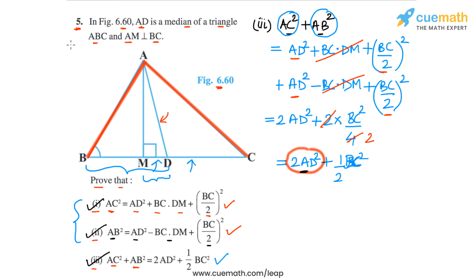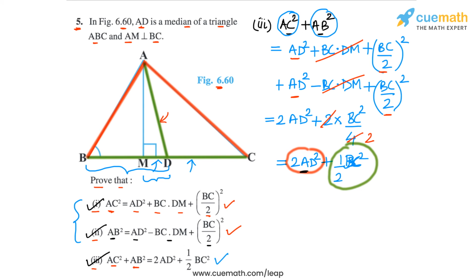AD is the median, so you are getting twice the square of the median drawn through the common vertex A, plus half of BC square. So you're getting half of the square of the opposite side. In this case the opposite side is BC.